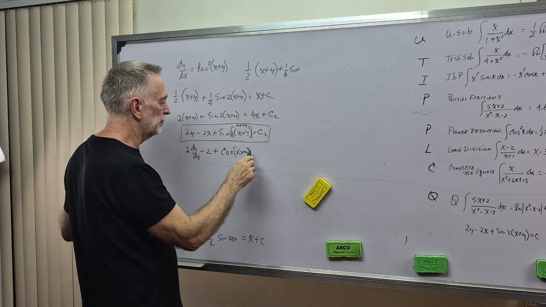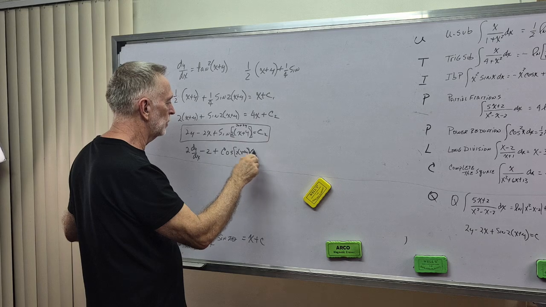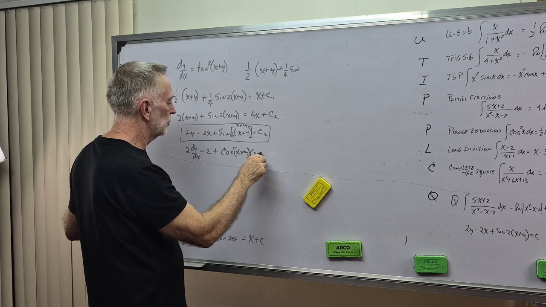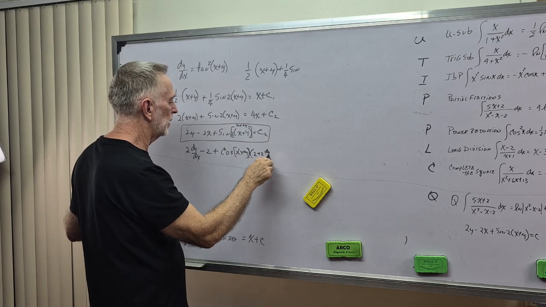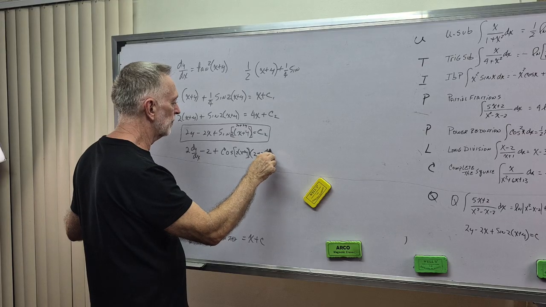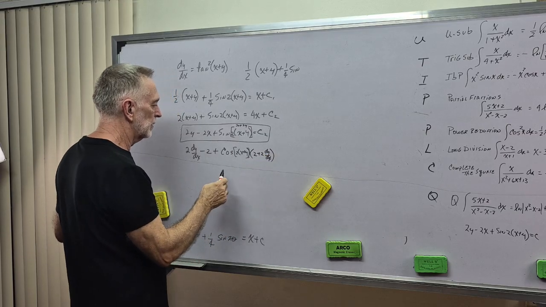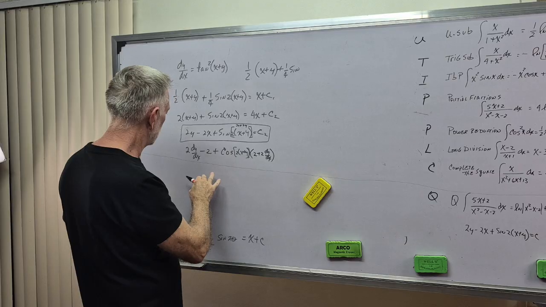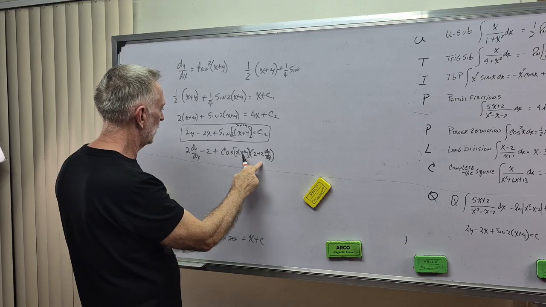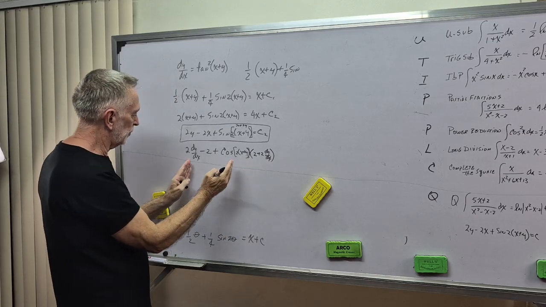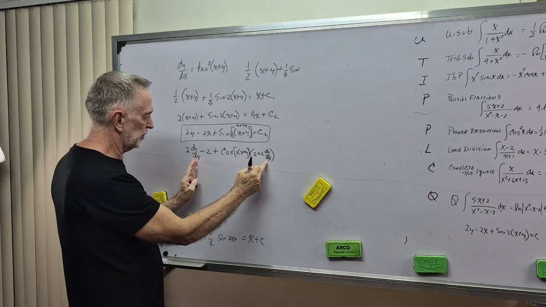So the derivative of 2x is 2 plus dy/dx. Okay, that good? All right, now then, we have dy/dx terms here.